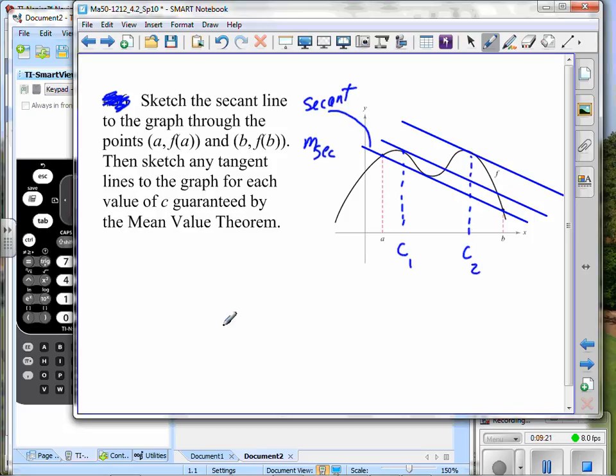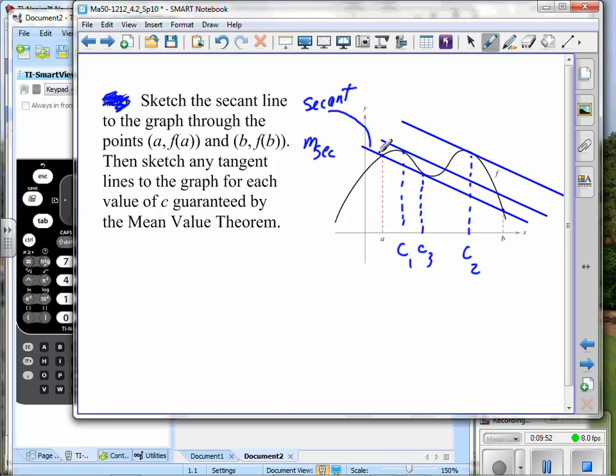It looks like there's a third point right down here where the secant line actually touches the curve too, so we could call that C3. So there are 3 points in that interval where the tangent would have the same slope as the secant. That's what the mean value theorem is all about.